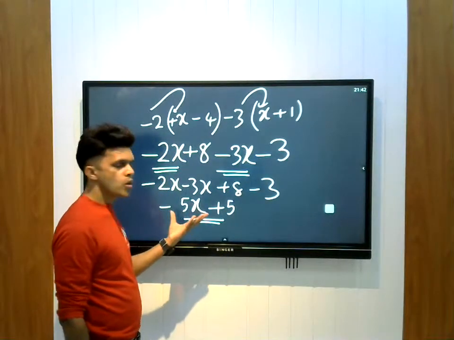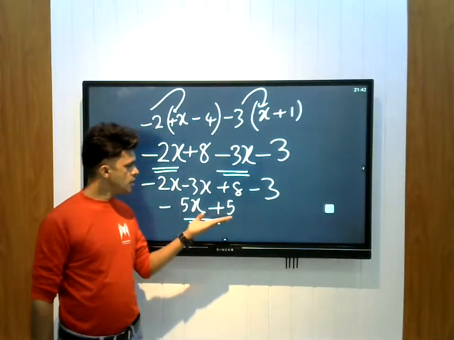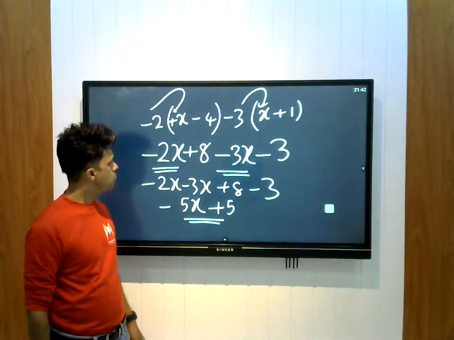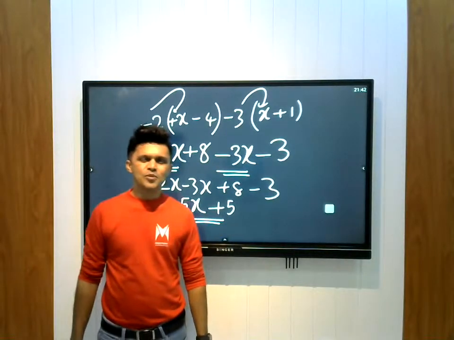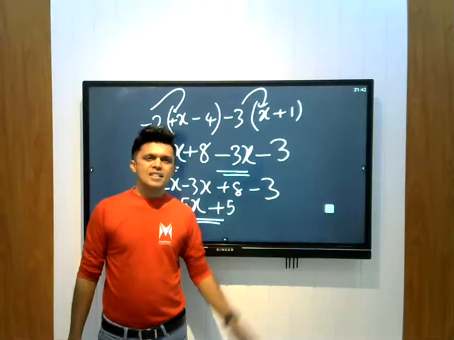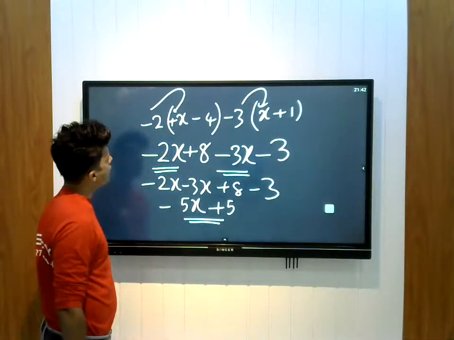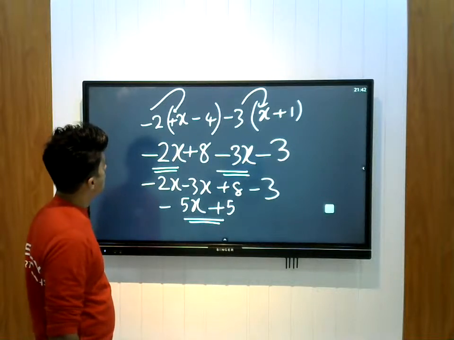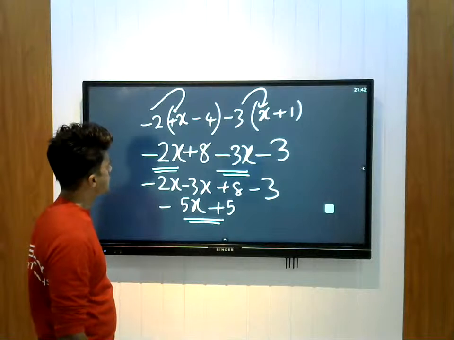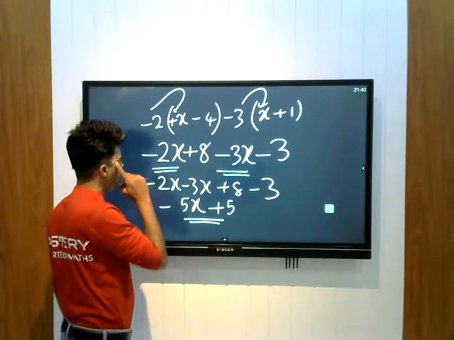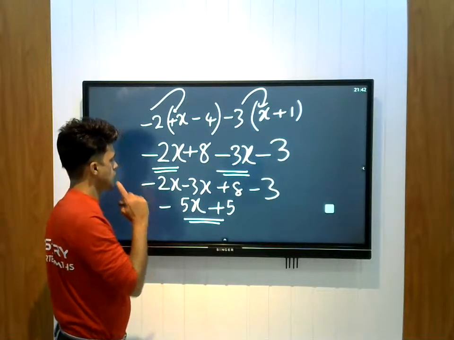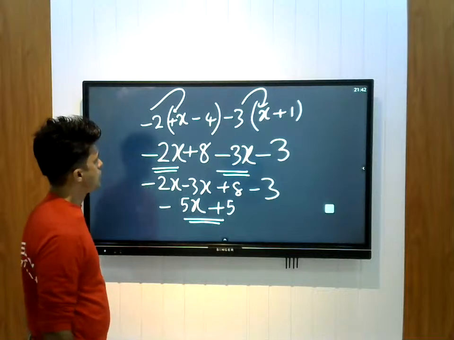Can you simplify these terms more? It's unable. What is the reason for that? These are unlike terms. Okay. We can do other questions. Yes, we can do. This is okay: minus 2x minus 3x is minus 5x.